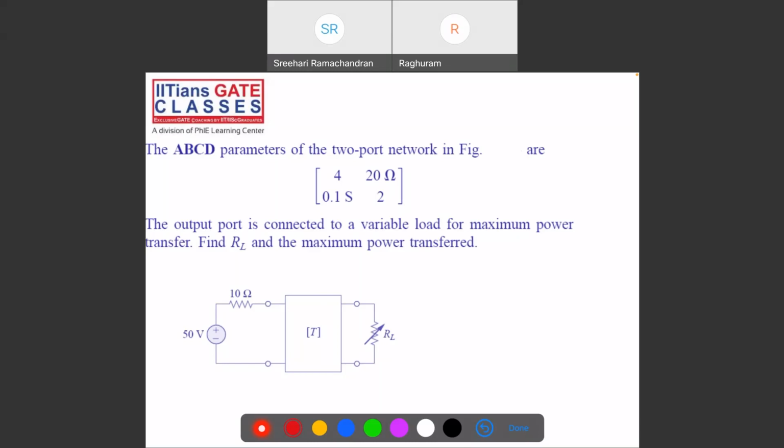You have to find V2 by I2. Z Thevenin is V2 by I2, with this as short circuit.